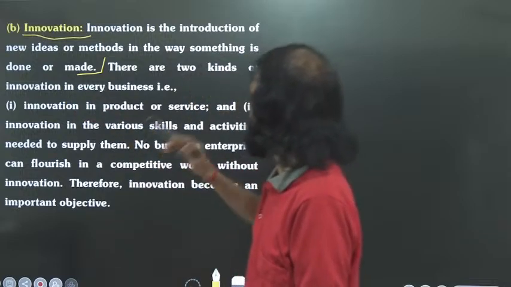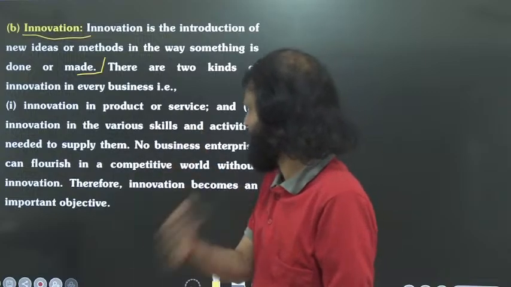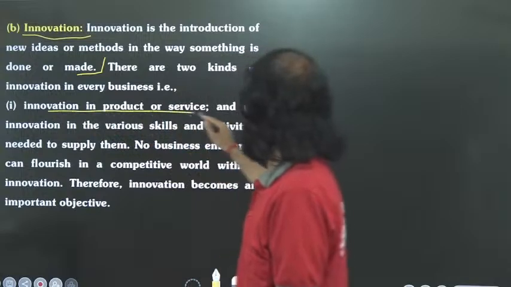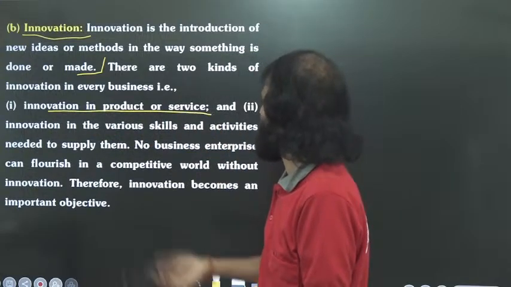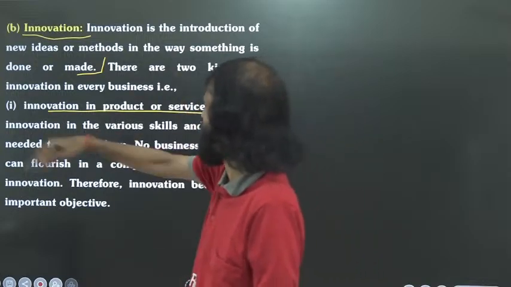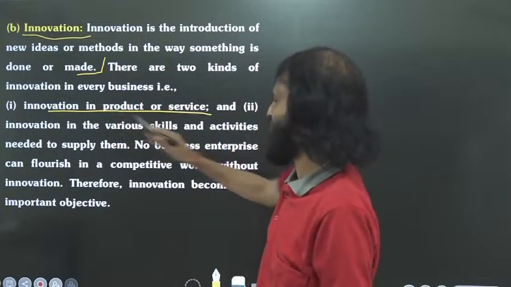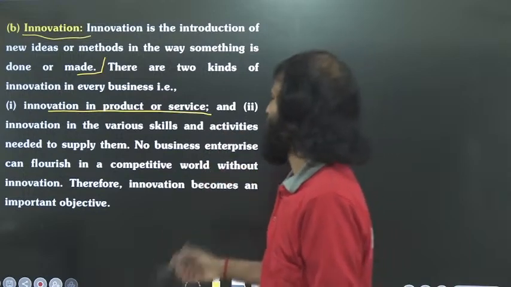So it says there are two kinds of innovation in every business. One is innovation in product or service. You must bring new ideas and of course you should apply them in the business and create a product or service with the innovative ideas. The second is innovation in the various skills and activities needed to supply them.